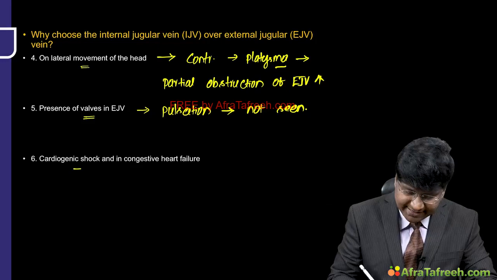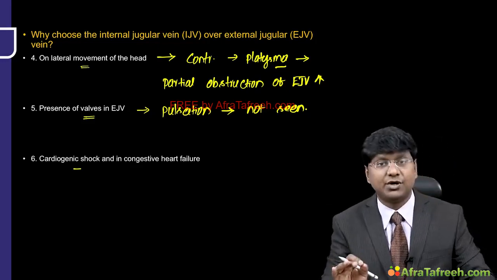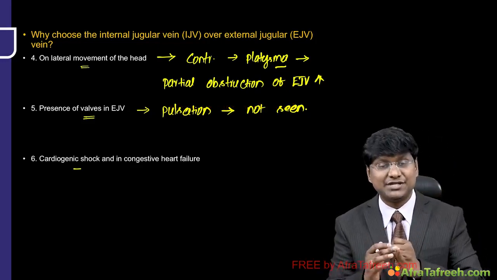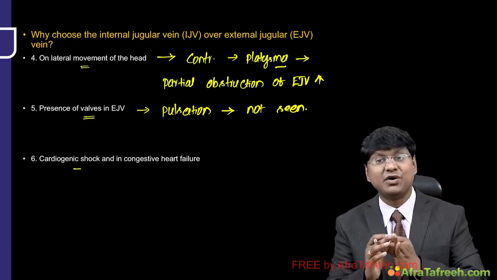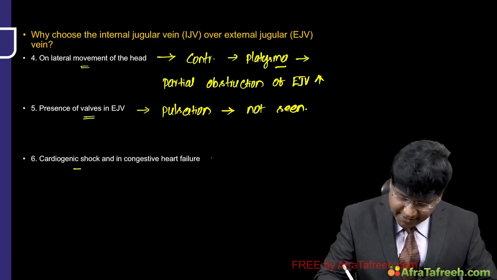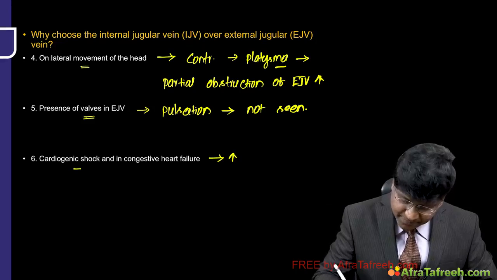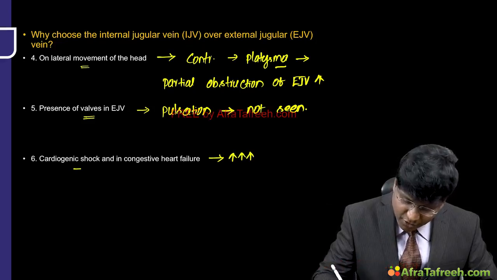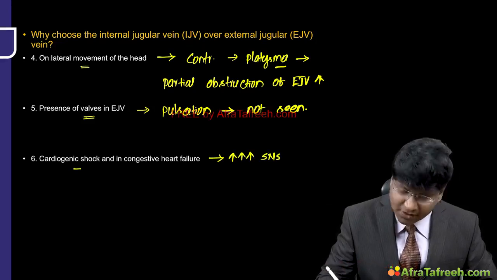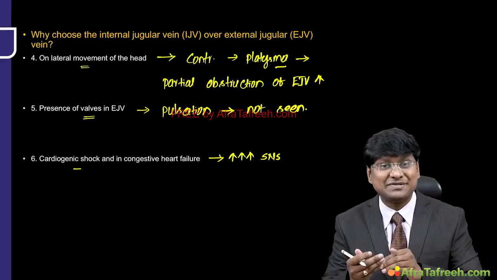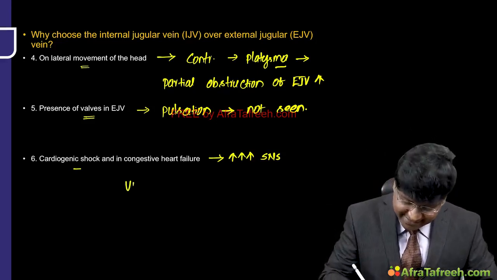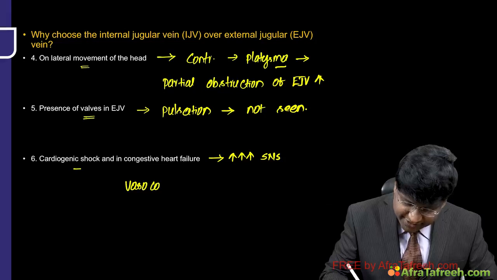Next, during conditions such as cardiogenic shock as well as congestive heart failure, in both of these scenarios there is excessive activation of the sympathetic nervous system. Once there is excessive activation of the sympathetic nervous system, that can cause vasoconstriction of the external jugular vein.